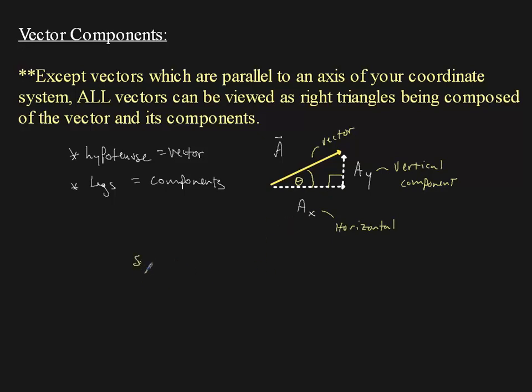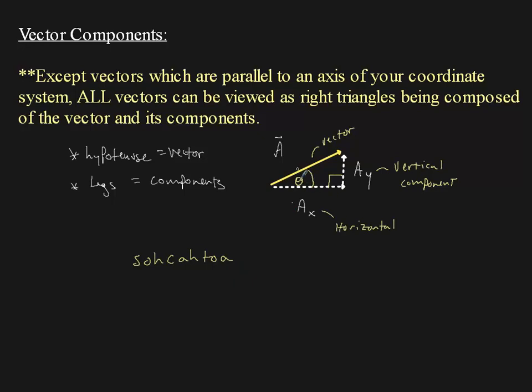And everybody's learned SOHCAHTOA. The sine is equal to the opposite over the hypotenuse, the cosine is equal to the adjacent over the hypotenuse, and the tangent function is equal to the opposite over the adjacent. And we're going to use this a lot this year.